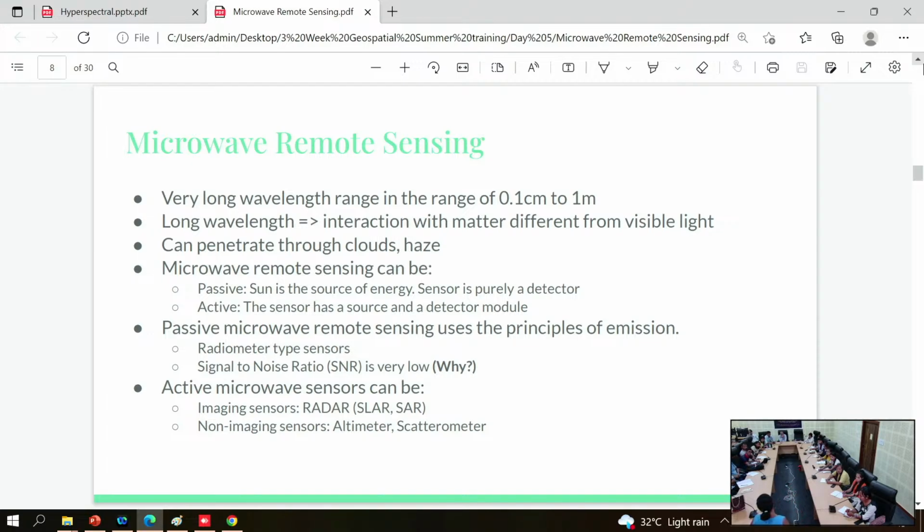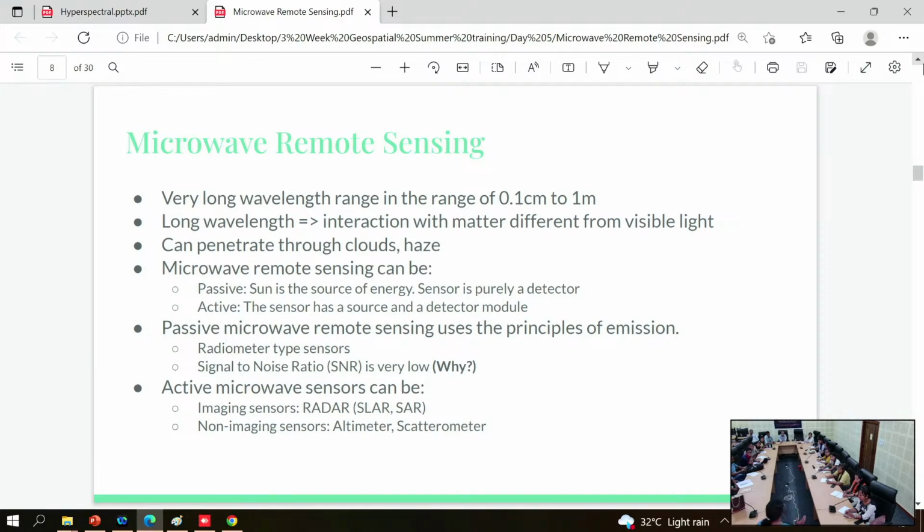You all have learned atmospheric windows? Okay, let us not worry about it. We are able to see through the clouds with microwave data. For the northeastern states it is going to be very useful, because for the majority of the year there is always very, very heavy cloud. So the advantage of using microwave is that we can see through these clouds, but there is one major disadvantage.